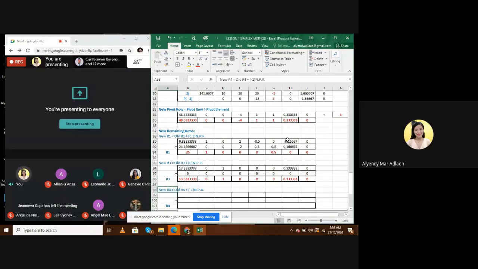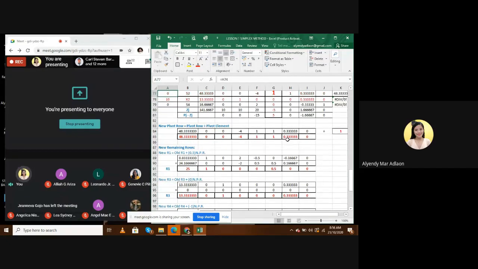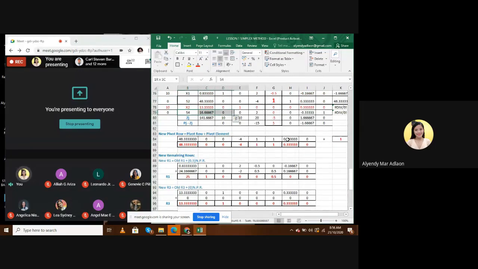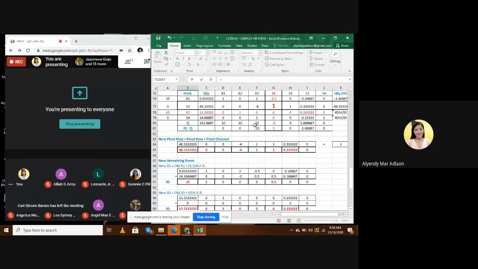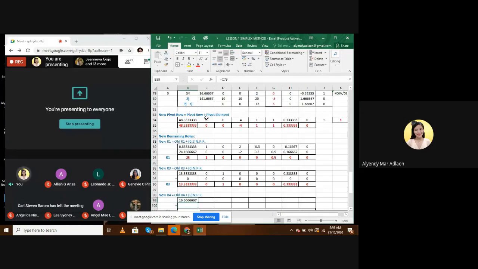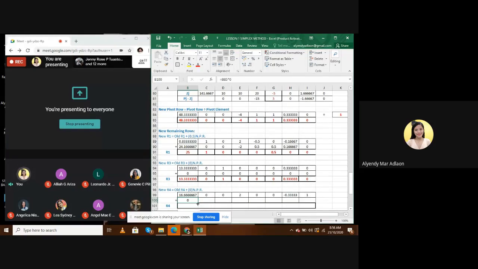Next, lastly, row 4. For the row 4, this is the old row 4 and then ang element po yung na sa optimum column is still 0, no? So, dali ra kayo ni siya kay 0 ra pa gihapon. So, i-change lang na ako ng 0. So, we have the old row 4, 16.667, and then they will be added by 0 because new pivot row times 0, that is still 0.